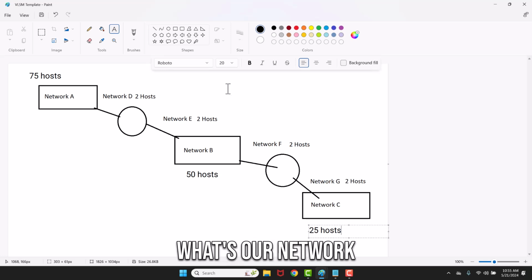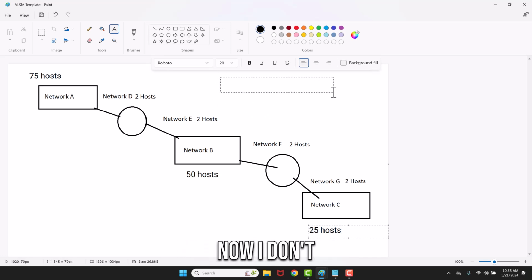But what's our network ID? What are we starting with? Now, I don't actually need to give you the network ID yet. I will. I've opened up a box, but then thought, I don't really need to give them that to simply solve for the level that needs to be solved for in the Network Plus.